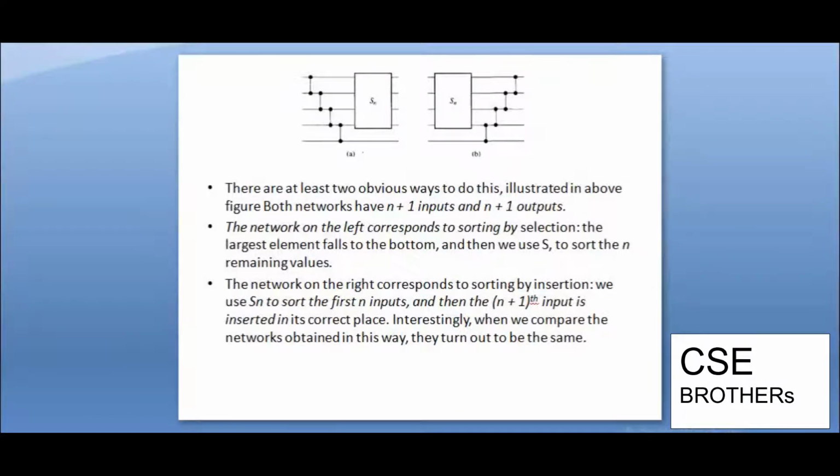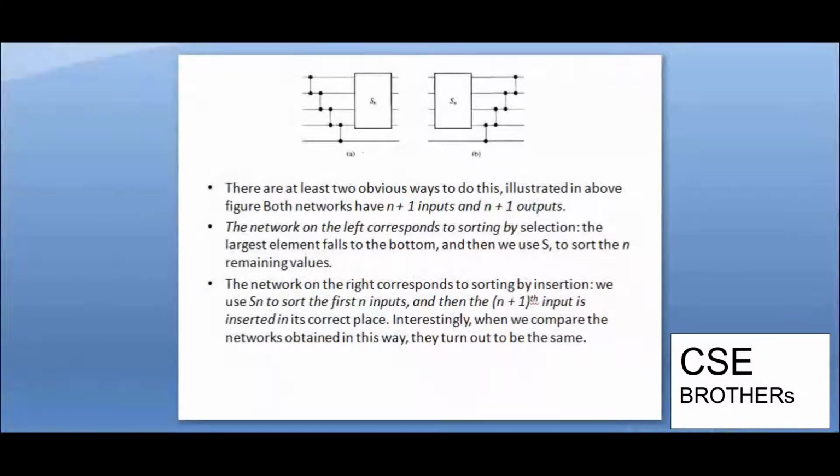There are at least two obvious ways to do this, illustrated here. Both networks have n+1 inputs and n+1 outputs. The network on the left corresponds to sorting by selection. The largest element falls to the bottom, and then we use Sn to sort the remaining n. There are a total of n+1 elements.